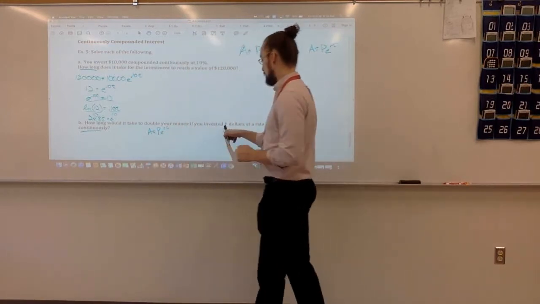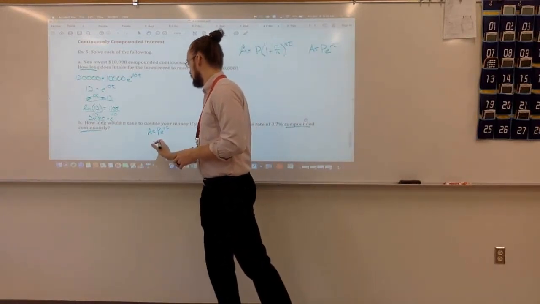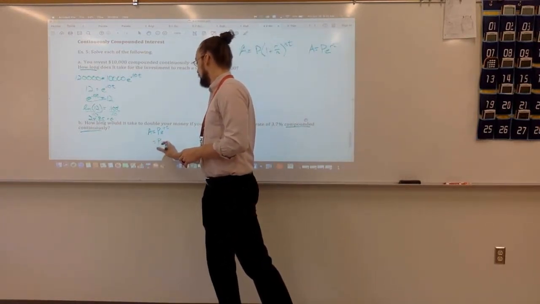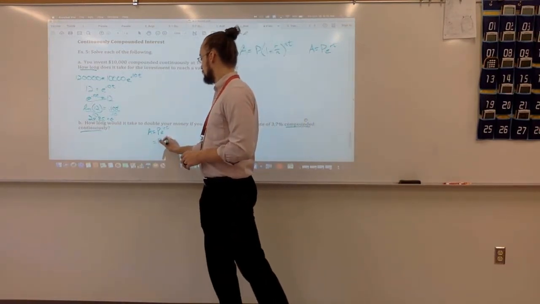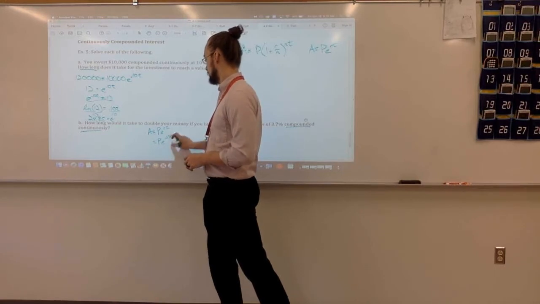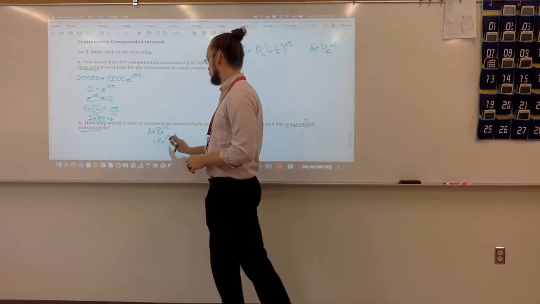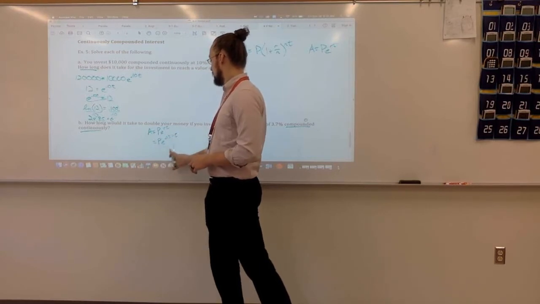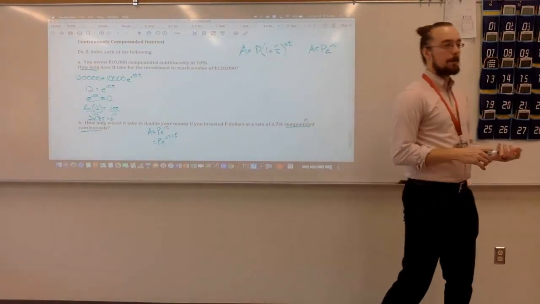I start with P dollars, we don't know how much we actually have. So P times e, and my rate is 3.7%, so that'll be 0.037 times t.